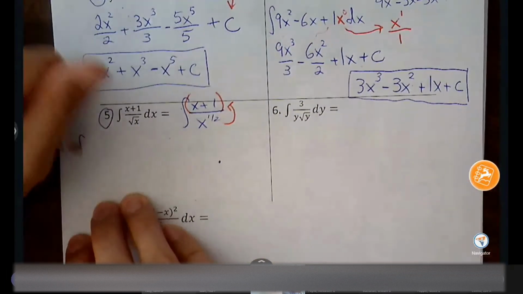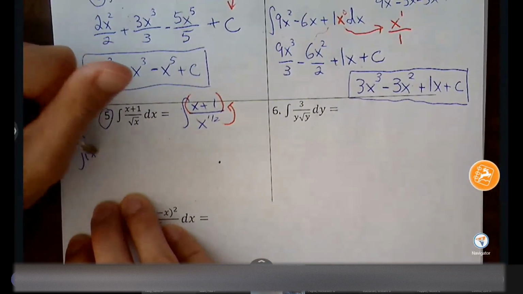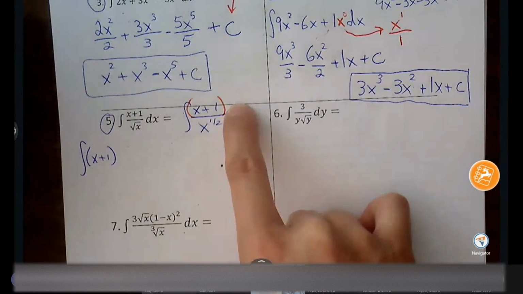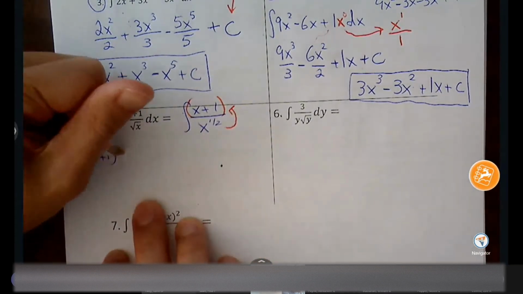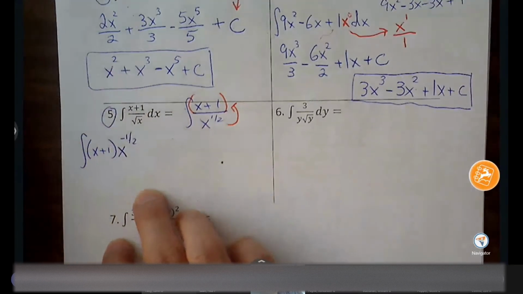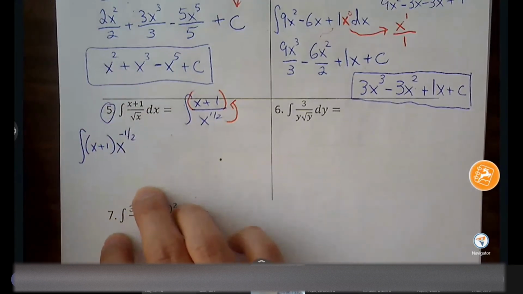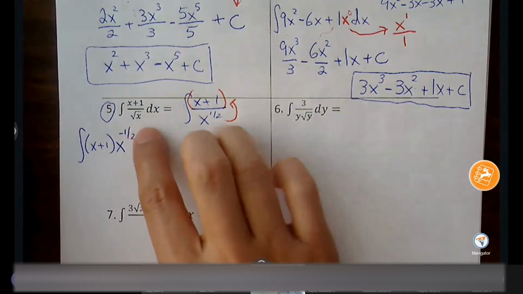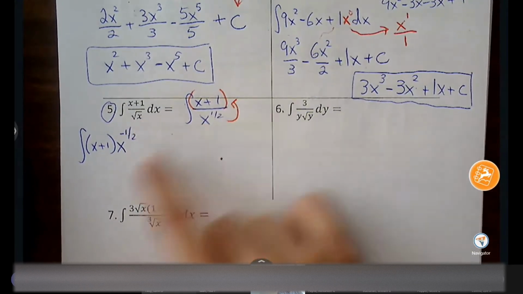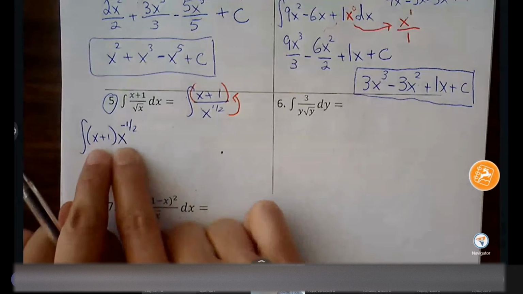So here's my cleanup effort here. If I move that denominator up, I got to change that exponent from a positive to a negative.